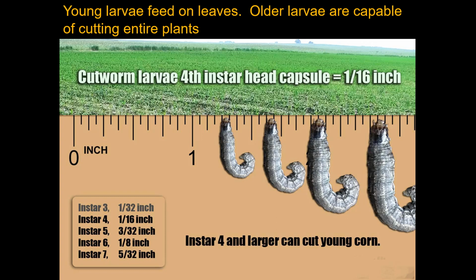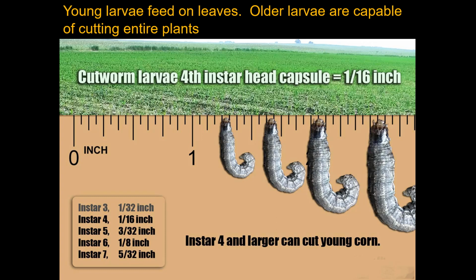And this is an insect that isn't big enough to start cutting plants until it's in the fourth instar or larger. So people track this. They scout for it. They can predict when the eggs are being laid by when the moths fly into an area. And then using temperature records, they can estimate when you're going to have these fourth instar larvae.